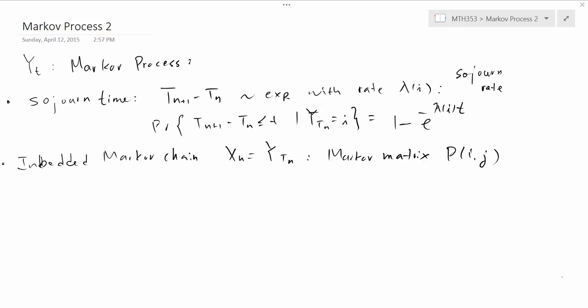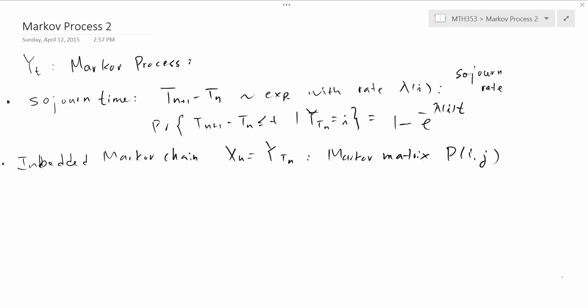What it means is that the probability that T_{n+1} minus T_n is less than or equal to t, given that the state at T_n is i, is 1 minus e to the negative lambda_i t. Naturally, this lambda_i is called the sojourn rate. So this describes how much time the process will stay in state i before the next jump.